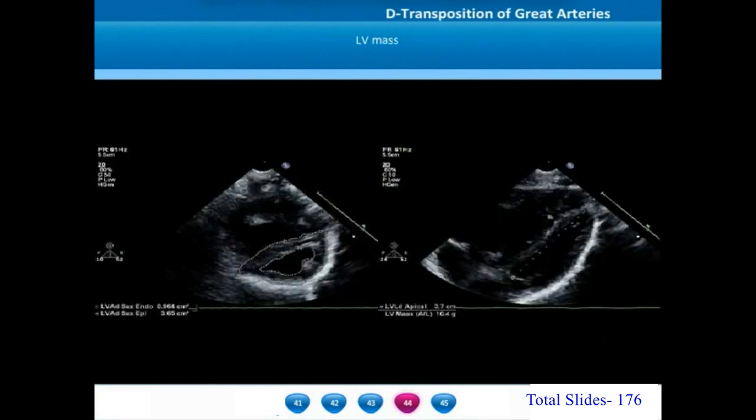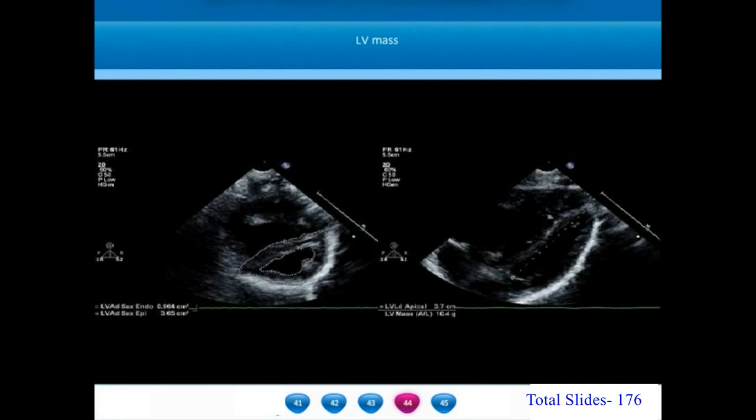The left ventricular mass is calculated by tracking the epicardial and endocardial border of the left ventricle in the short axis view at the level of the papillary muscles, and then measuring the length of the left ventricle in the apical 4-chamber view, and the machine can automatically calculate the mass based on the formula.